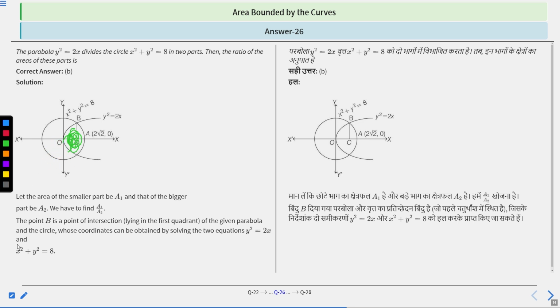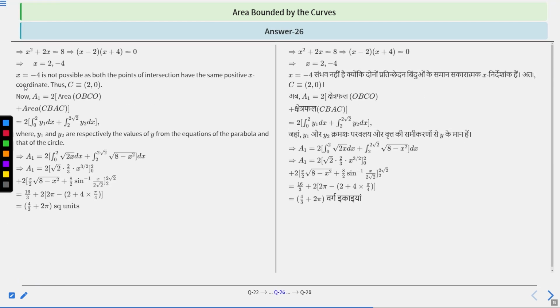Therefore, point B is the point of intersection lying in the first quadrant of the given parabola and circle, whose coordinates can be obtained by solving the two equations, y square equal to 2x and x square plus y square equal to 8. After solving, you will get x square plus 2x equal to 8. This implies (x minus 2)(x plus 4) is equal to 0.